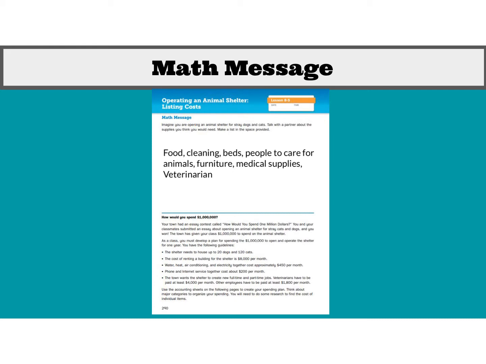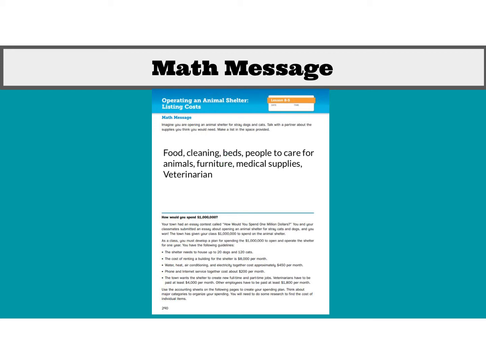So when we think about items that you might possibly need, you may have come up with some of these, or you may have a totally different list. Well, we probably need to think about food. How are we going to feed the dogs and cats? Cleaning supplies. Dogs and cats make messes. How are we going to clean that up? If we have cats, one thing I did not put on my list was kitty litter we would probably need.